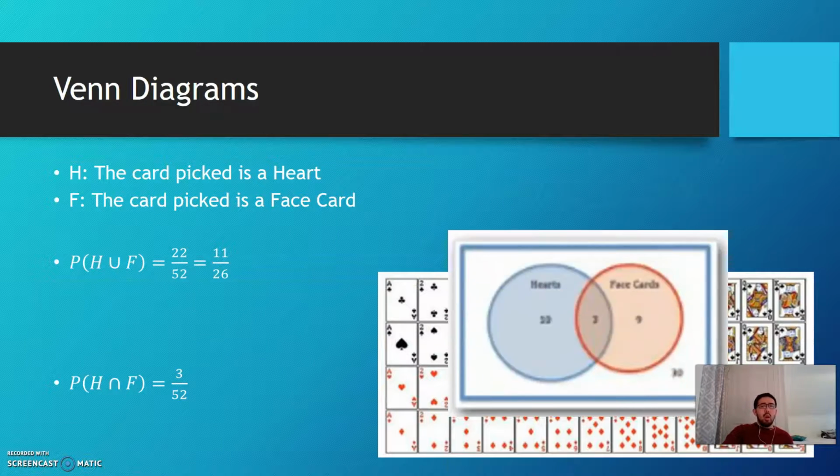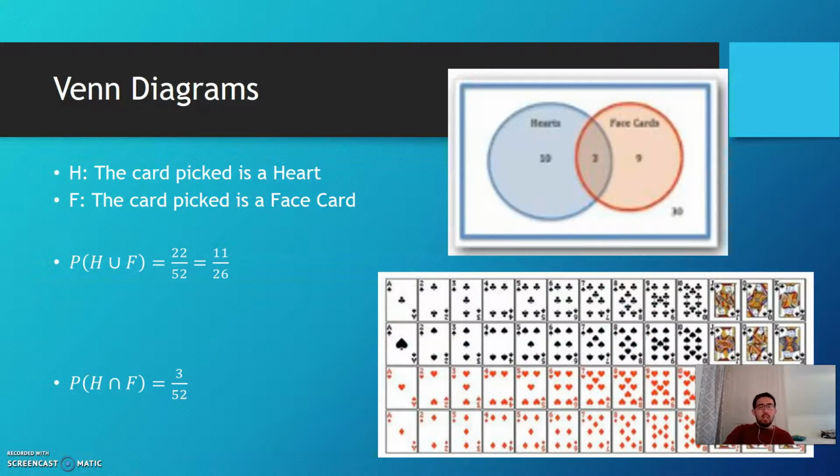Another way of displaying this is Venn diagrams. The number of hearts here is 13. So there are 10 hearts that are not face, 3 hearts that are face cards, and then there are 9 face cards that are not hearts, and then there are 30 cards that are neither heart nor face.